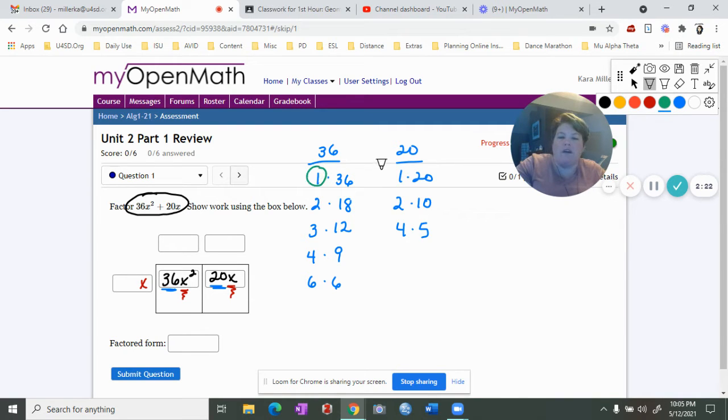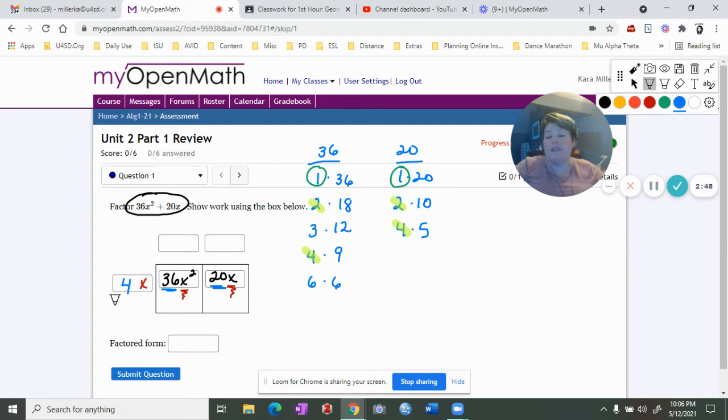Well, they have a 1, they have a 2, and they have a 4. So which one is the biggest of those? 1, 2, or 4? Well, 4 is definitely the largest of those, so we are going to factor out the 4.